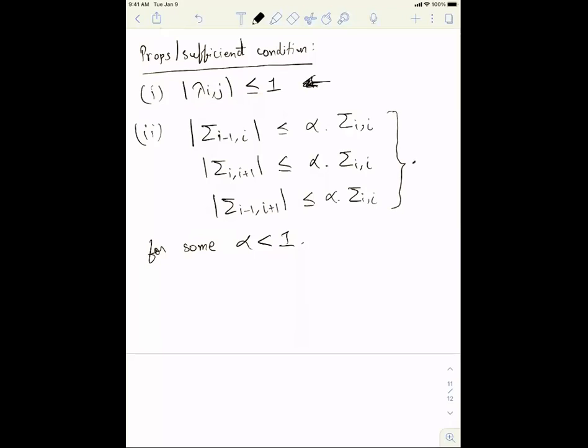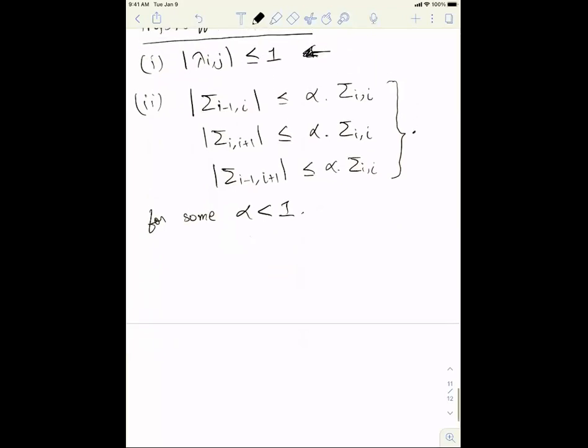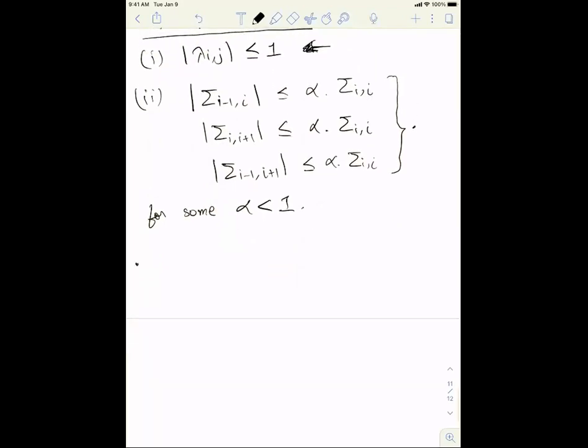But to tie it back to the simplest form, which is solving linear equations, one of the first known sufficient conditions was for diagonally dominant matrices.